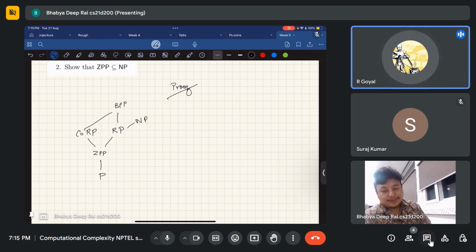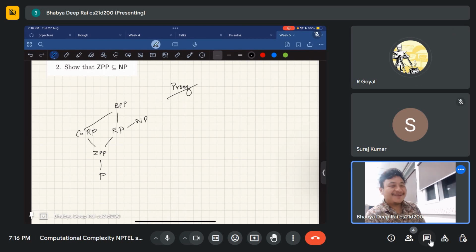For ZPP the expected time is polynomial, and sometimes it is exponential, sometimes polynomial, and that's the case with NP as well. So no, NP, if in all paths it takes polynomial time, is it not?